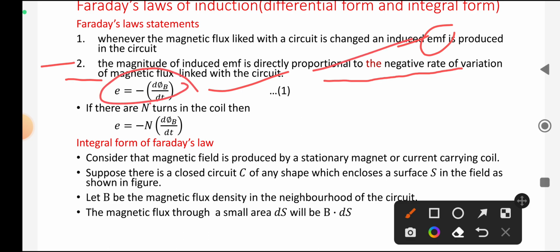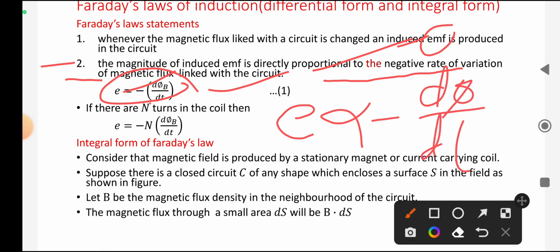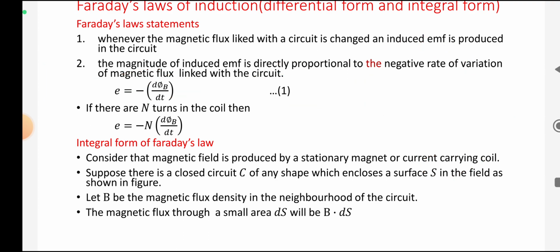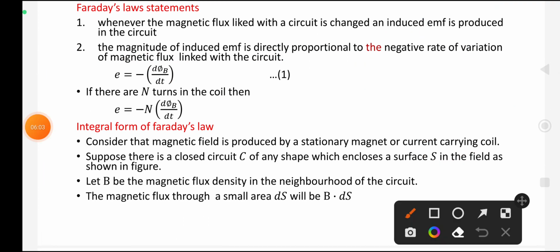By using this formula also we can state the definition: induced EMF is directly proportional to the negative of d phi by dt. Since time is involved, the word rate comes. So the rate of change of flux linked with the circuit is the second statement of Faraday. The first equation is for only one turn. If there are n turns, then this is the formula.